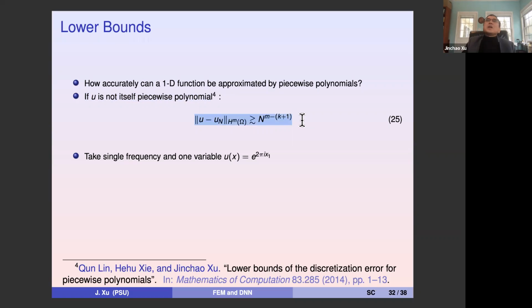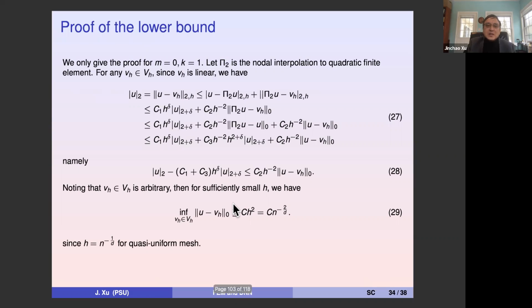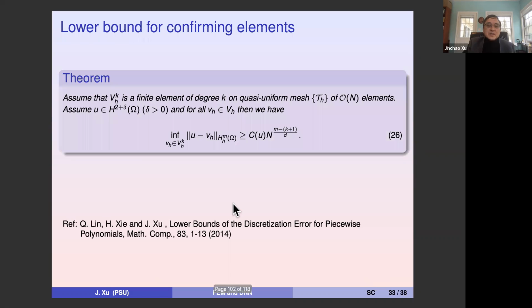Somehow for the finite element method, we don't usually talk about lower bound. We actually used this some years ago. I was talking to Fu Jun many years ago. They use some lower bound for the eigenvalue analysis.